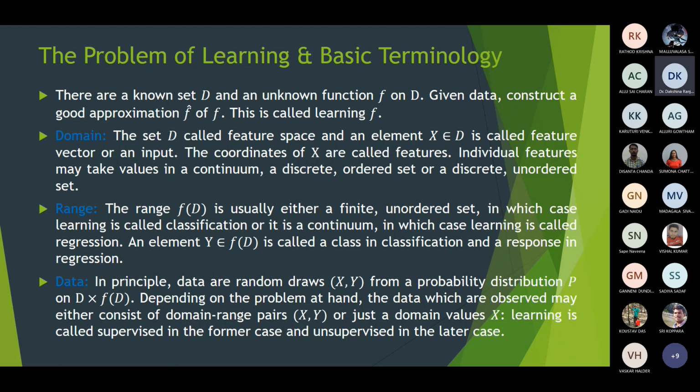So the problem of machine learning can be understood by person identification, and when we see a person, we can identify that person by their face. Okay.